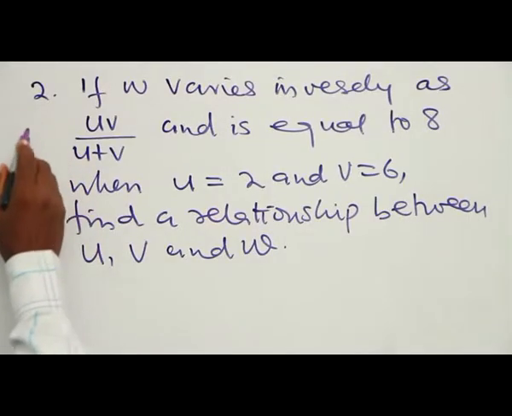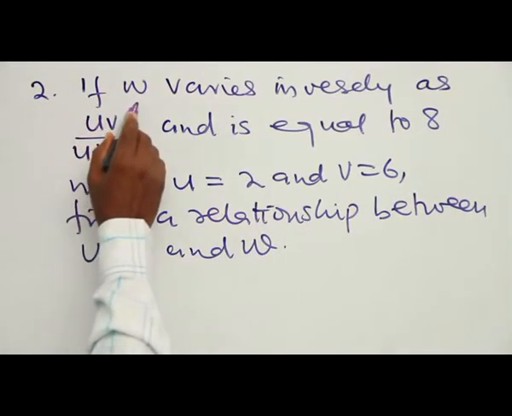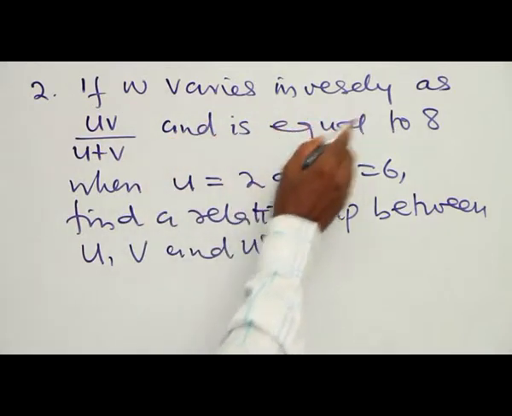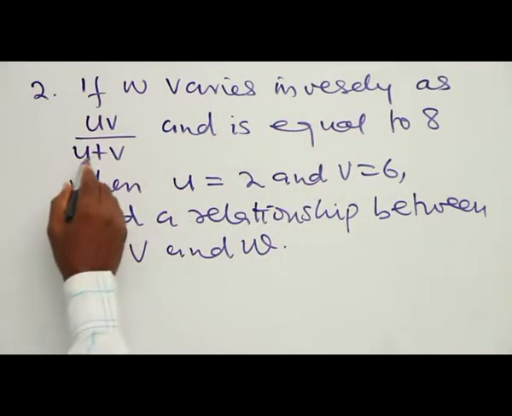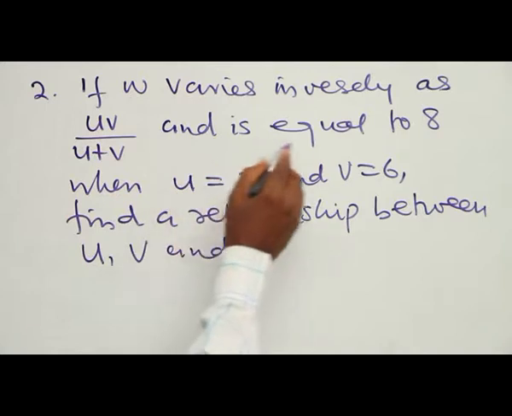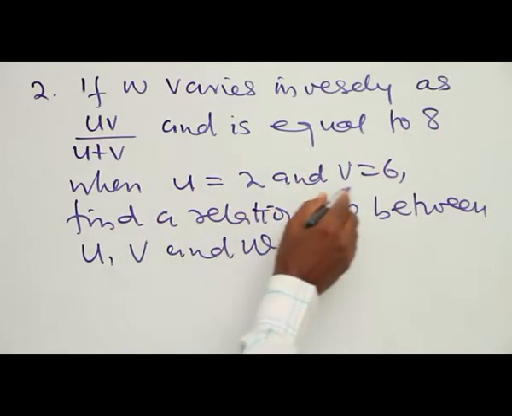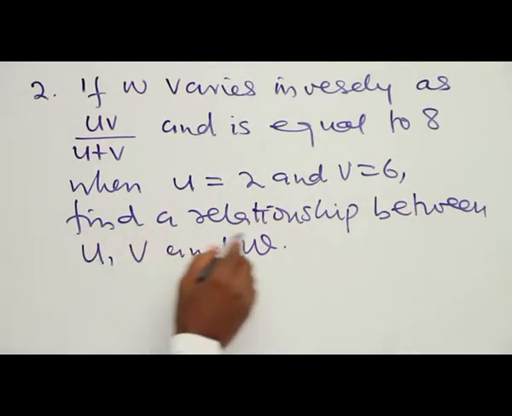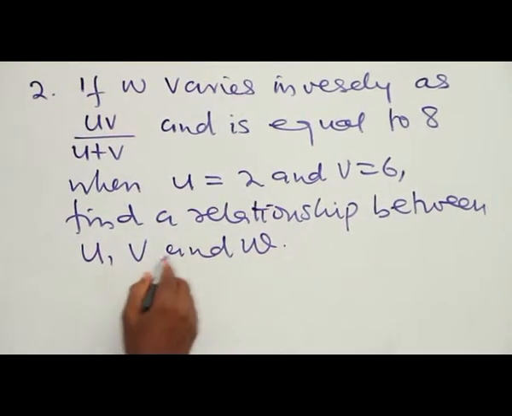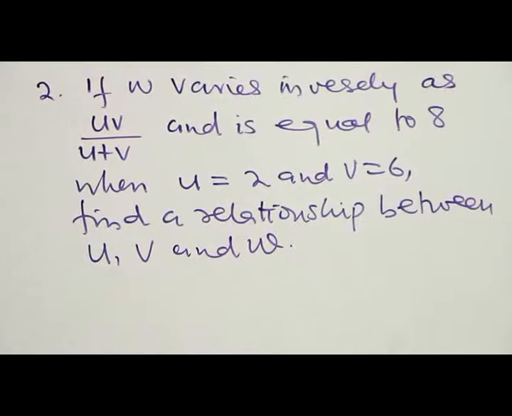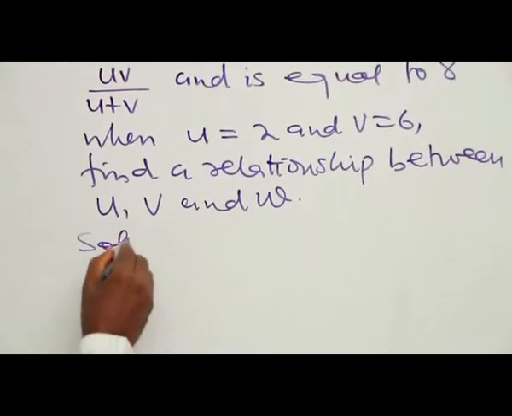Question number 2. If w varies inversely as ub all over u plus b, and is equal to 8 when u is equal to 2 and b equal to 6, find the relationship between u, b, and w. Our solution.